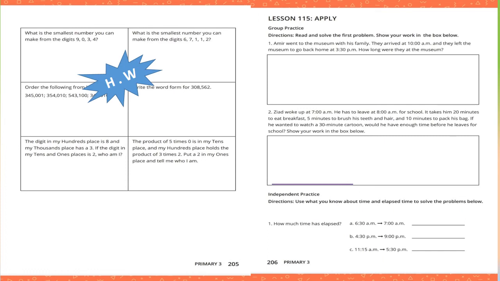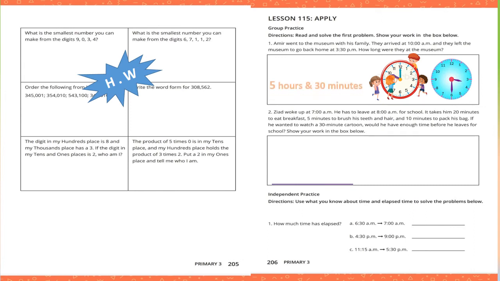They arrived at 10 a.m. and they left the museum to go back home at 3:30 p.m. How long were they at the museum? Here the start time is 10 a.m. and the end time is 3:30, and we did it on the previous slide. So it will be 5 hours and 30 minutes.